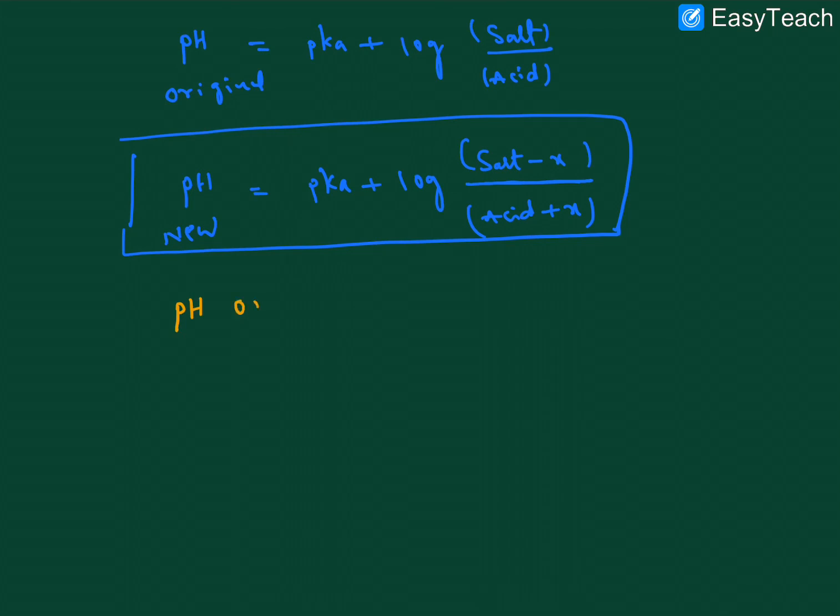Generally, we are adding acid here, right? So the pH of the buffer solution decreases, right? I hope it is clear. What is the difference here? The change in pH is equal to, sometimes they will ask after adding and before adding.